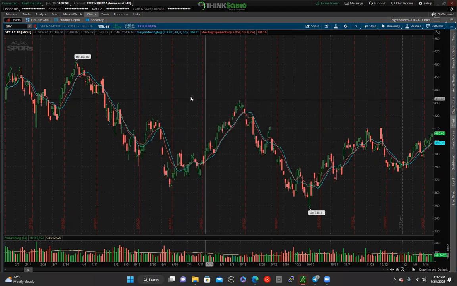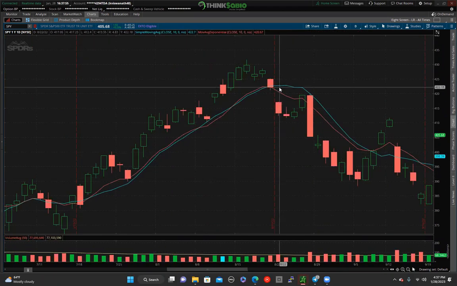Okay. Now let's look at the same day. The simple moving average, in blue, is at 422.64. It is still showing an upward or sideways trend on this day, but the stock is actually down.